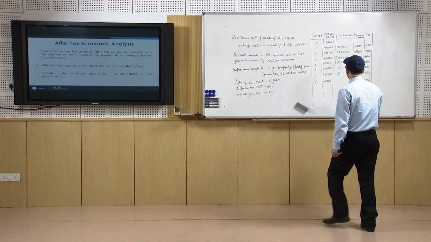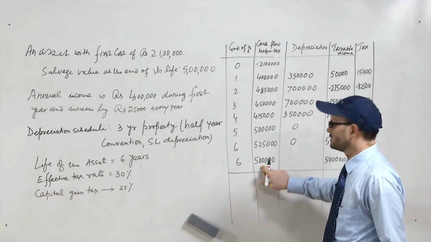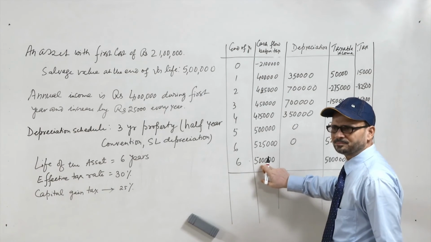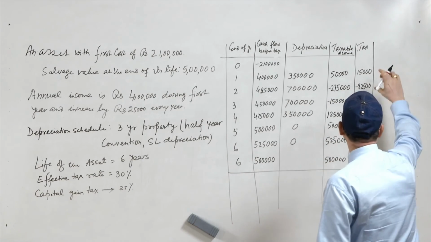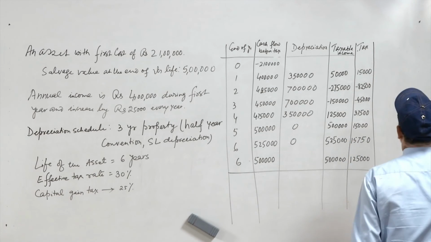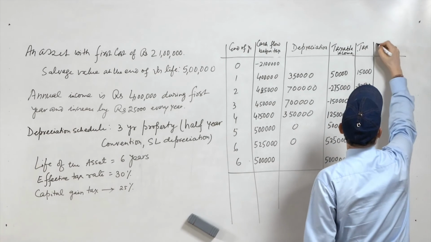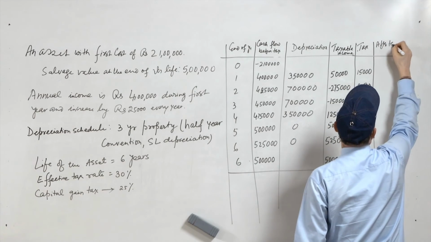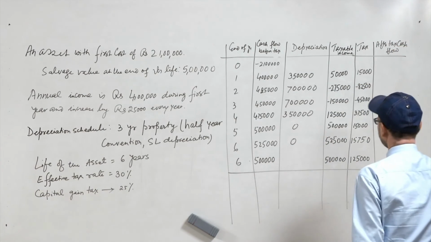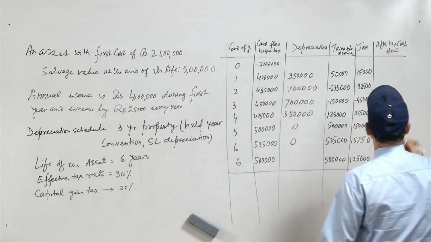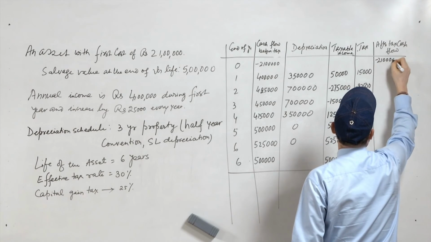So, this way the capital gain which is there at the end of its life, which is realized, has to be taken into account. These are the savings and these are the taxes which you are paying. So, ultimately, the after tax cash flow: it is minus 21 lakh anyway here.